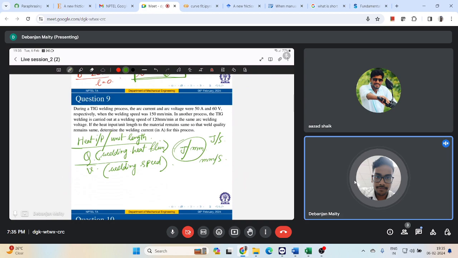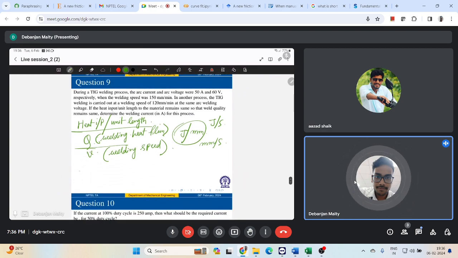Now, what does this question say? It tells me that for a TIG welding process, my arc current and arc voltage are provided. Welding heat flux is mainly the welding power which is coming in, that is voltage into current.